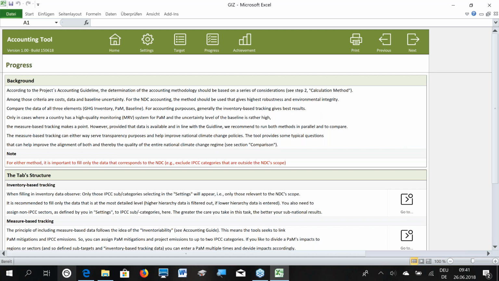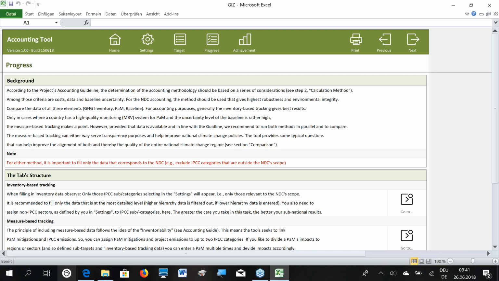Basically, there are two instruments. The first one is the one that is common in all countries, and it's the national GHG inventory.